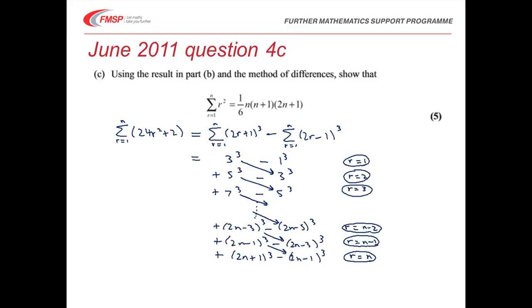And the only terms we're left with will be this term in the top corner and this term in the bottom corner. So this summation is going to be (2n plus 1) cubed minus 1 cubed, and that will be the sum of 24r squared plus 2 from r equals 1 to n.